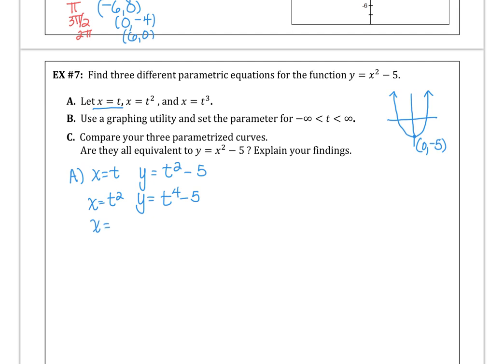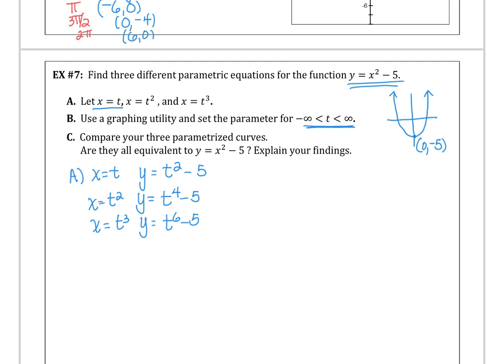And if x equals t cubed, then y is going to be t to the 6th minus 5. We got those by substituting into our given y. We could use a graphing utility and set the parameter from negative infinity to infinity. I'm not going to take video time to do that, but we could do that to compare.